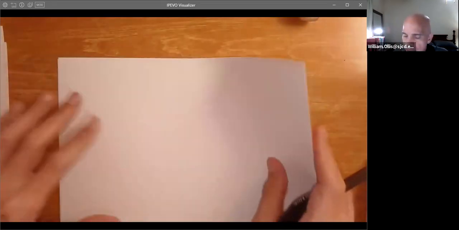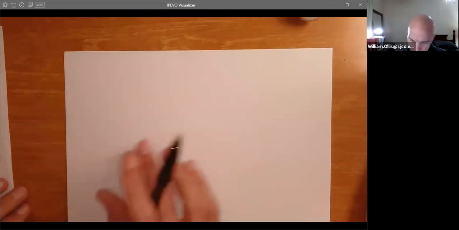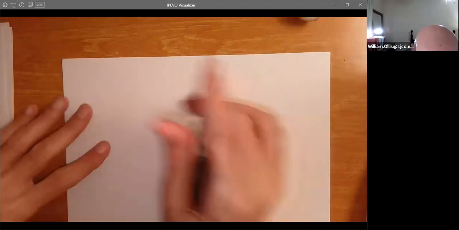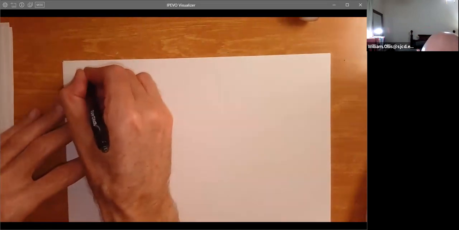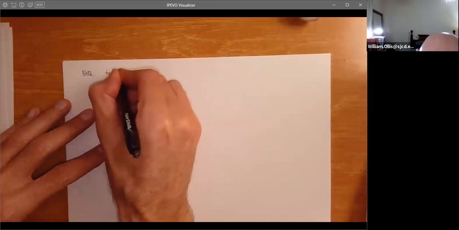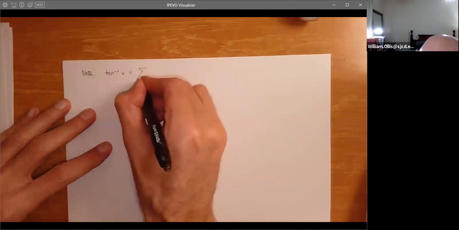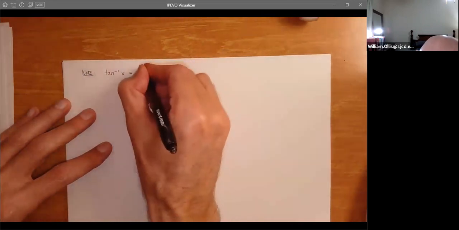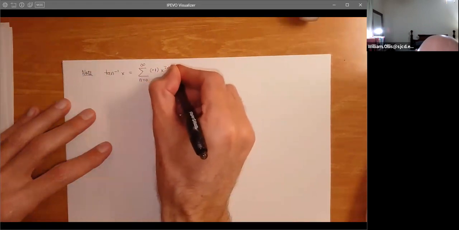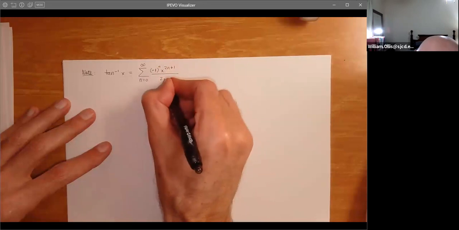Remember, I mentioned the fact that sometimes if you have a convergent series, it might be kind of slow. So for instance, we will just note if we have inverse tangent of X equals the sum from n equals 0 to infinity of (-1)^n X^(2n+1) over 2n+1, of course, that's alternating.